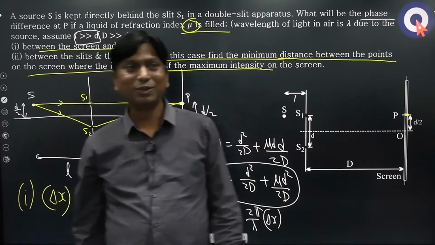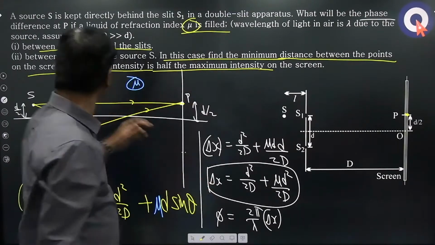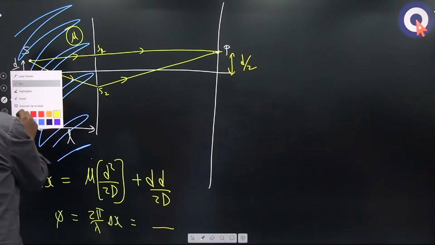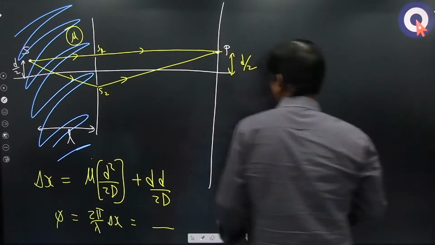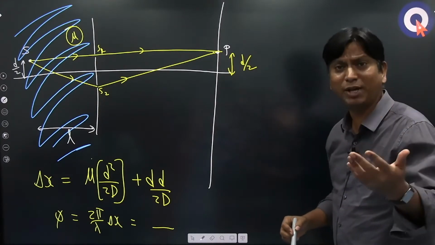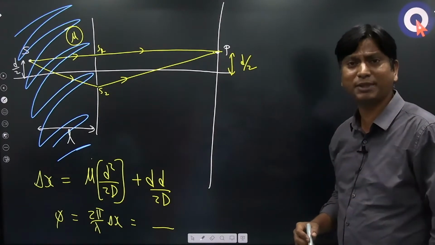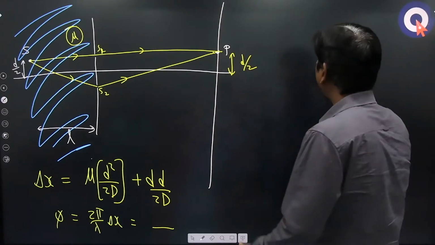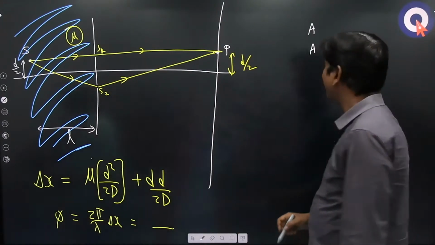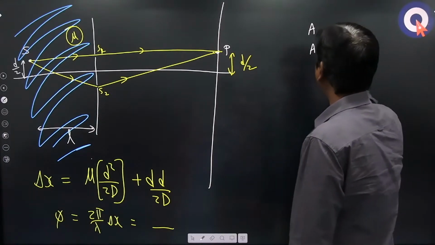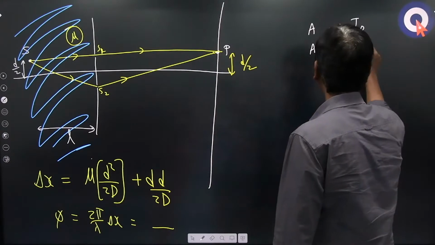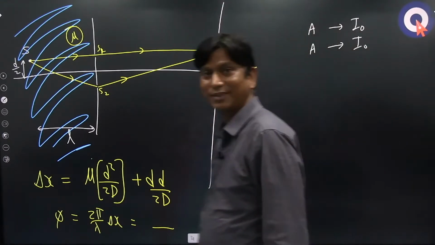Right or not? The simple thing here: suppose we talk with respect to amplitudes, because when it comes to amplitudes you can directly use the phasor method. Okay, so A and A. For A the intensity is I naught, and for the other A the intensity is I naught, right?